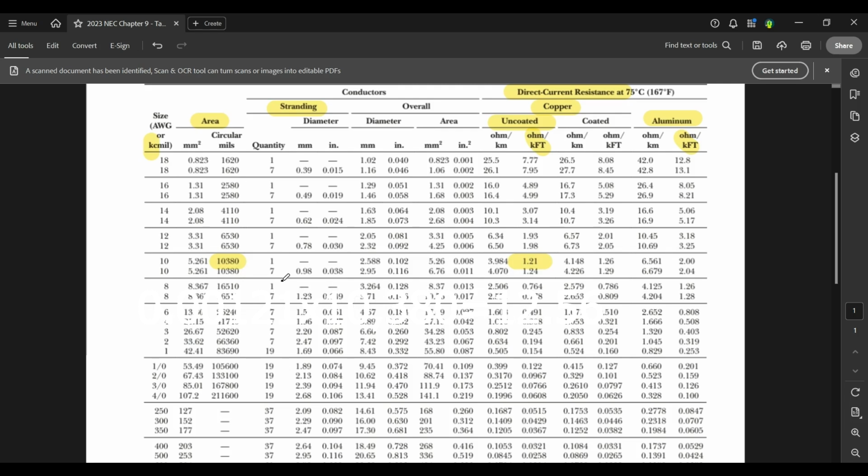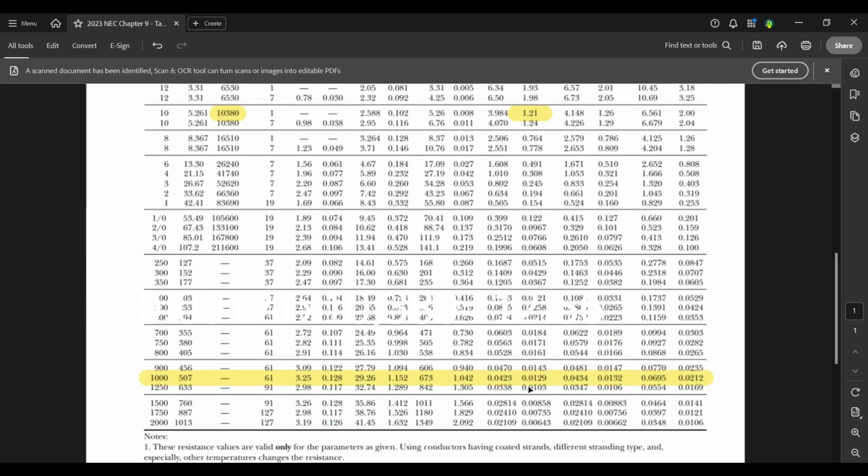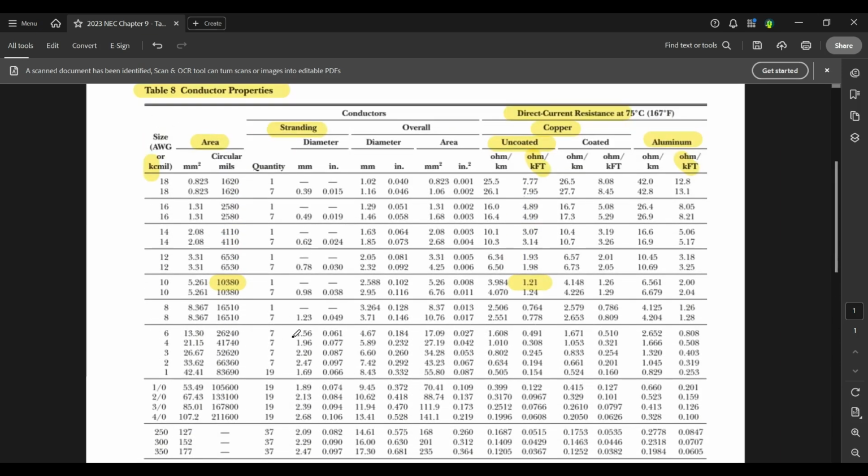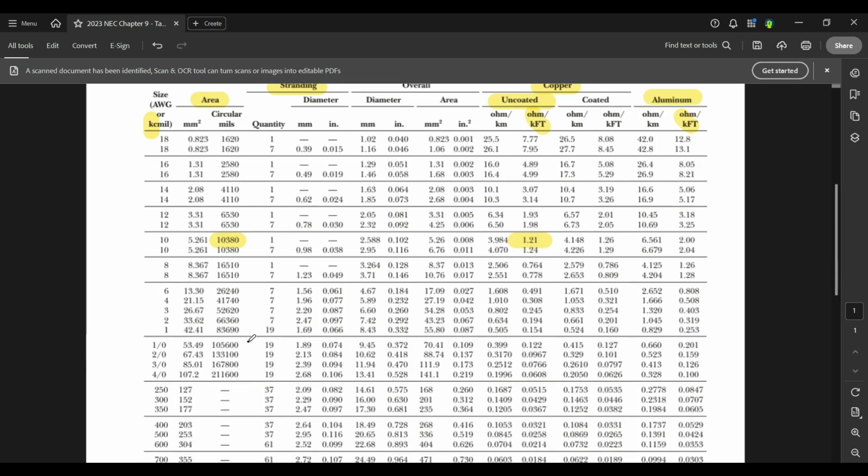And if you multiply that by the circular mils, 10,380, that gives us 12.56 roughly, which is pretty close to the 12.9. They are all roughly going to get you a number pretty close to 12.9.